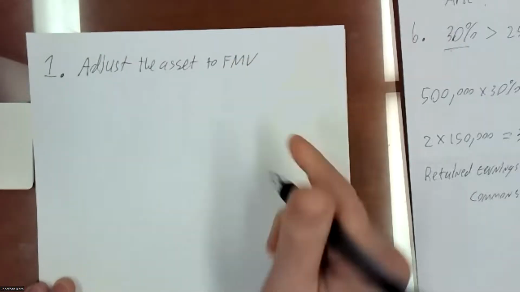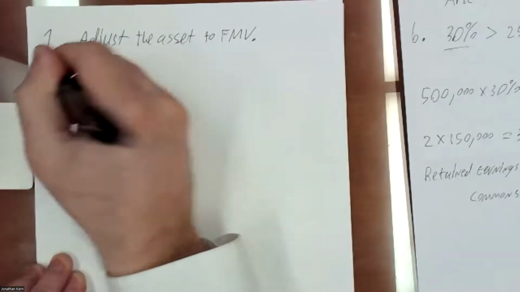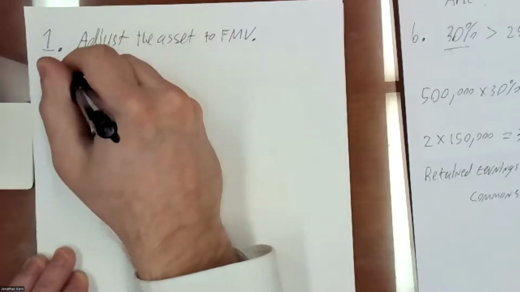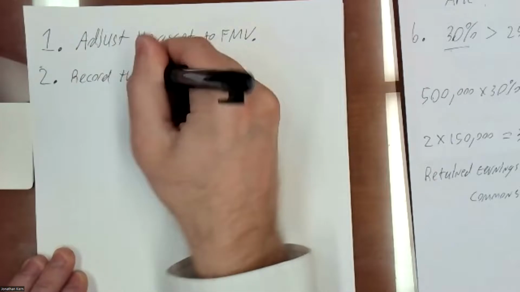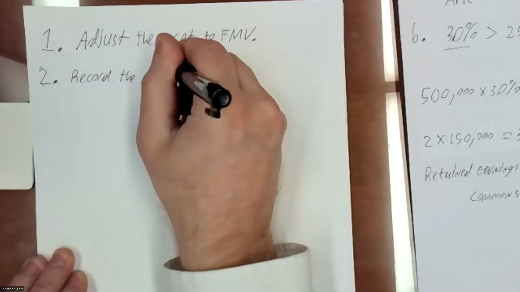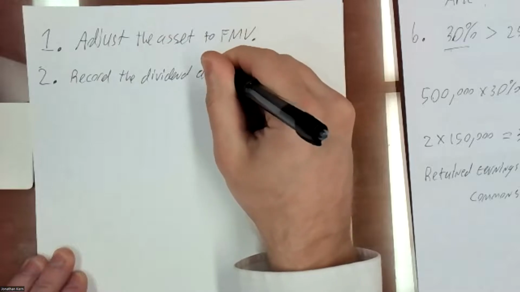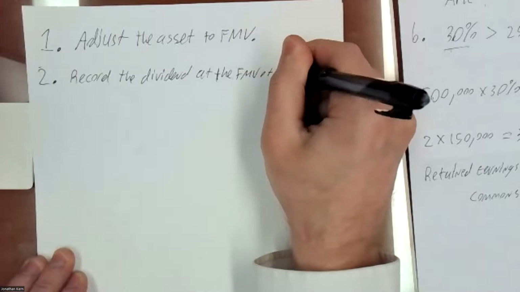That's step one. And then the second step is we're going to record the dividend at the fair market value of the asset.